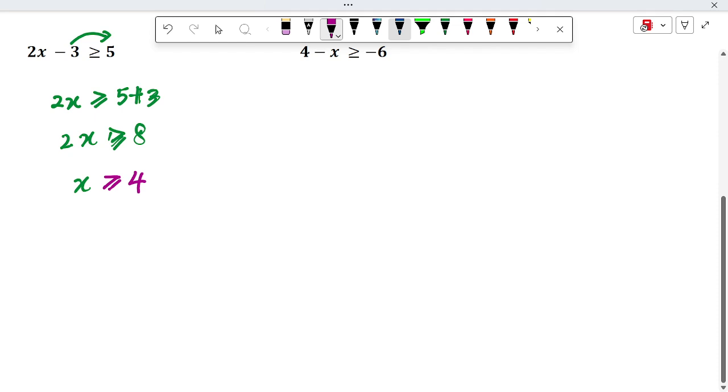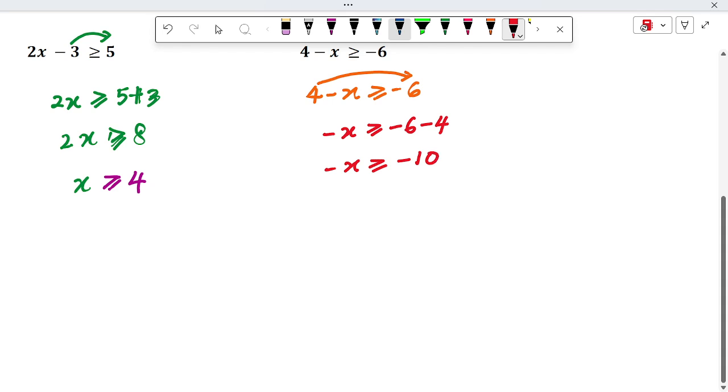Okay, for this inequality, 4 minus x more or equals to -6. First step, +4, you will shift here. It becomes -4. -x more or equals to -10.